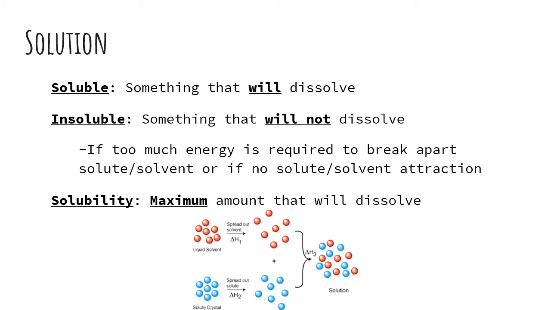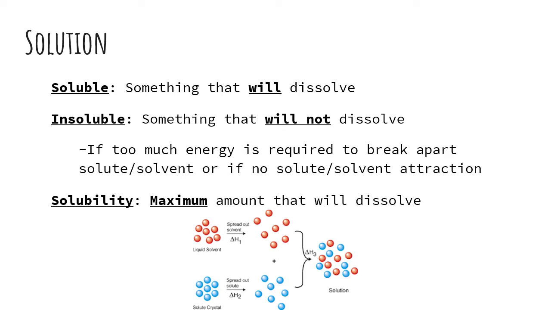And thinking for a minute why something wouldn't dissolve, that's because it will take too much energy to break apart either the solute or the solvent, or there's no attraction between the solute and the solvent. So it just doesn't dissolve. That's like our precipitates in our double replacement reaction. When we combined them and those two ions met each other and they were more attracted to each other than to the water, it formed a solid because it was insoluble.